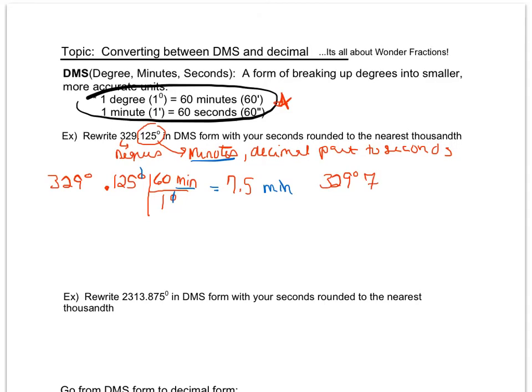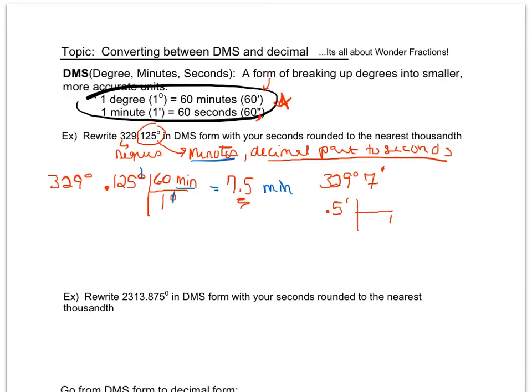I can either write out minutes, or I can use this symbol that you see up here, which is one little dash. So 329 degrees, 7 minutes, and now I also have that 0.5 that, as I set up here, I'm going to change to seconds. I'm going to do it in the same manner that I just changed the decimal part of my degrees to minutes. So I'm going to take my 0.5 minutes. I want to get rid of minutes, and I want to get to seconds.